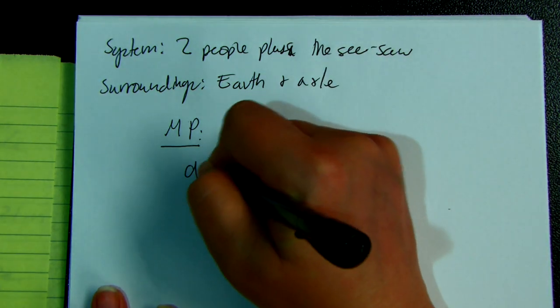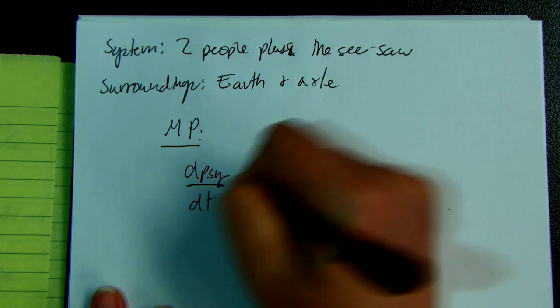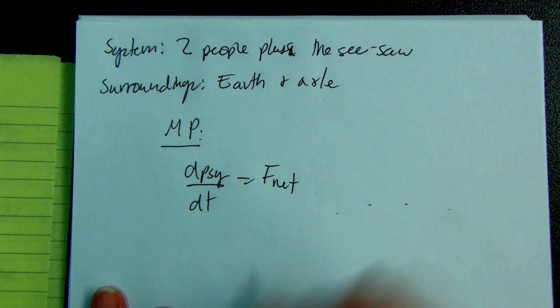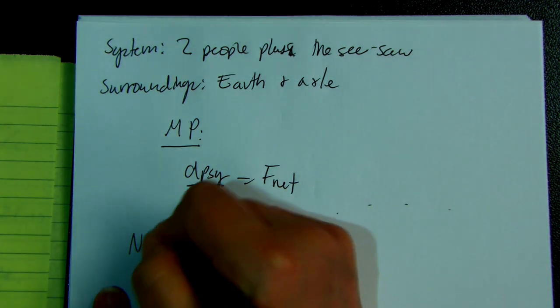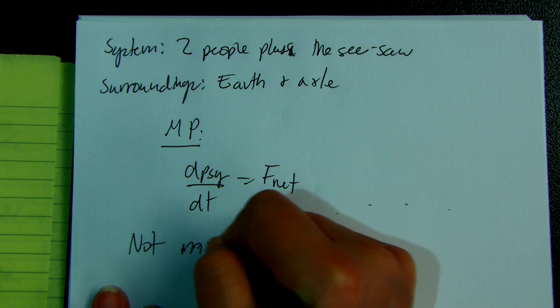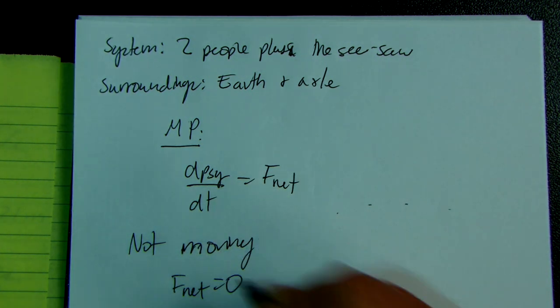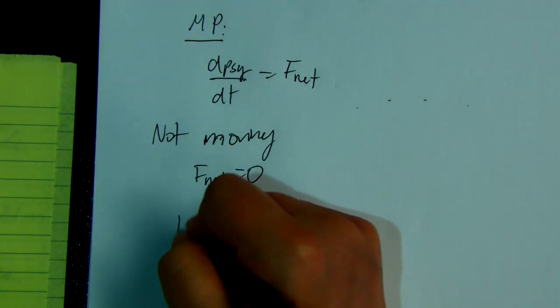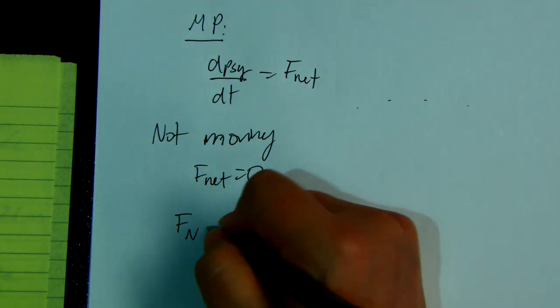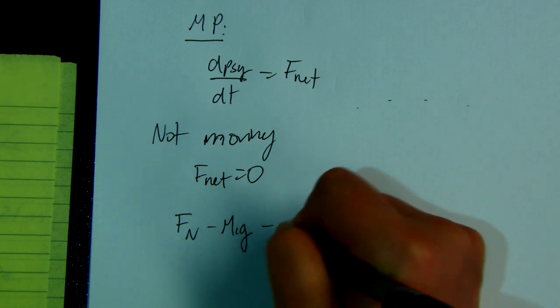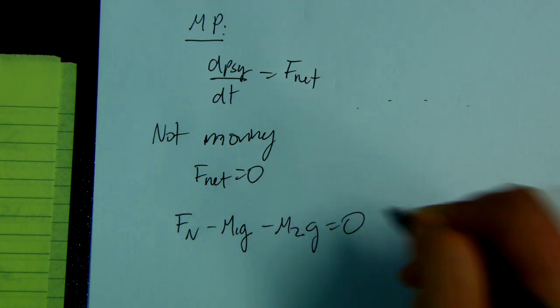The change in momentum of the system with respect to time is equal to the net force. The system is not moving, therefore the net force is equal to 0. So our normal force minus M1G minus M2G is equal to 0.